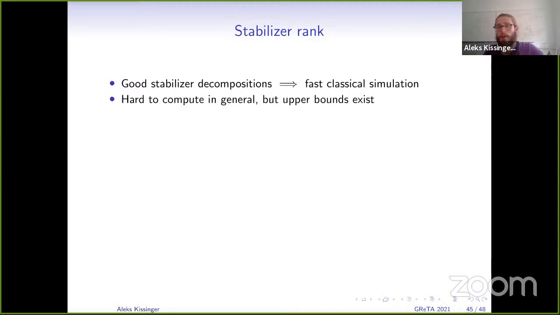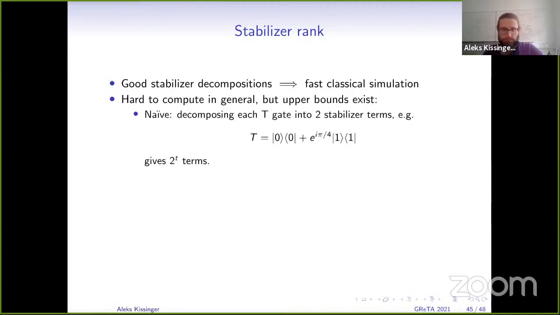Again, this is a hard problem in general, but there are some upper bounds on how to do this. The naive thing I can do is decompose T gates into 2 terms each. Don't worry so much about the mathematical details here. The important thing is doing the naive thing gives me 2 to the T many terms, where T was my number of T gates.